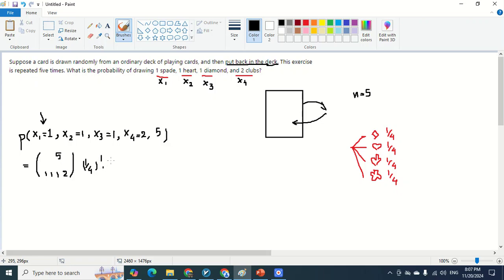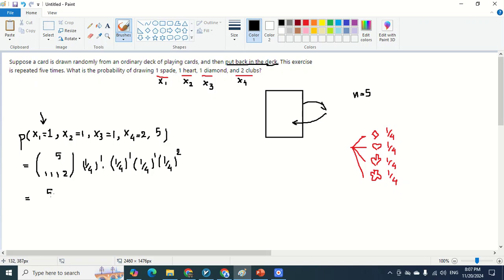For the second one, we have 1/4 again, to the power of 1. The third one is 1/4 to the power of 1. And the last one, the probability of getting clubs, is 1/4 to the power of 2, or 1/4 squared. So I just write the probability for each, and we can calculate it as follows.